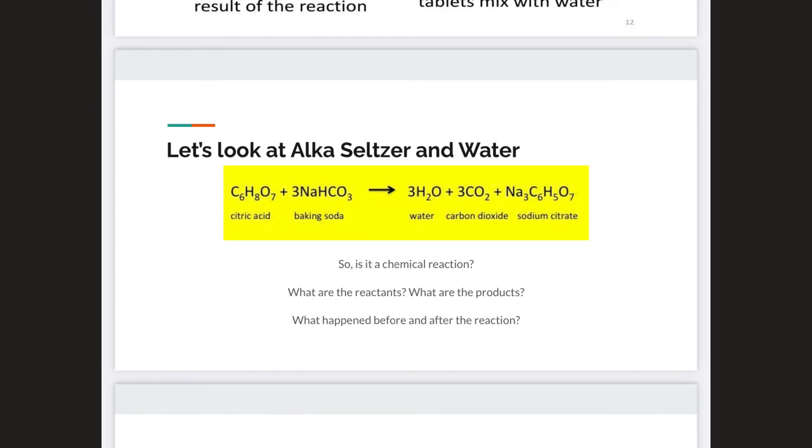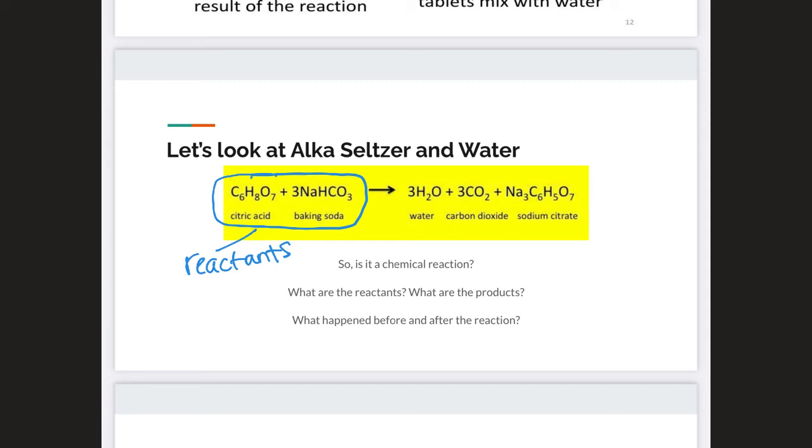So let's look at Alka-Seltzer and water again now. So what are reactants? And then what are the products? You should know them now. So if you said that your reactants are these, then you are correct. These are the reactants because these are what are going into the reaction. This is what it's starting with.